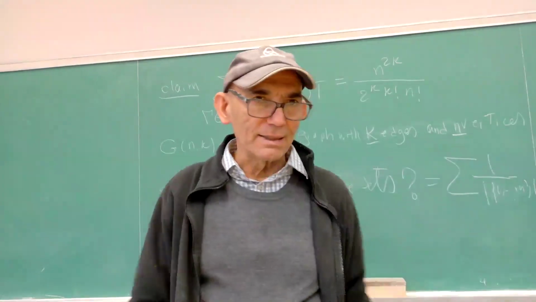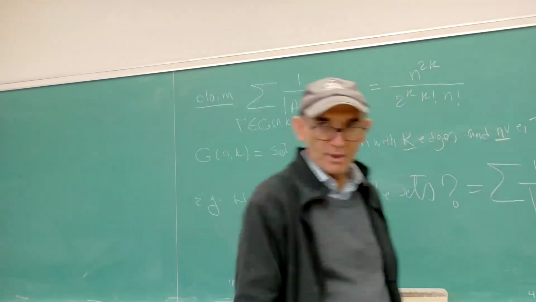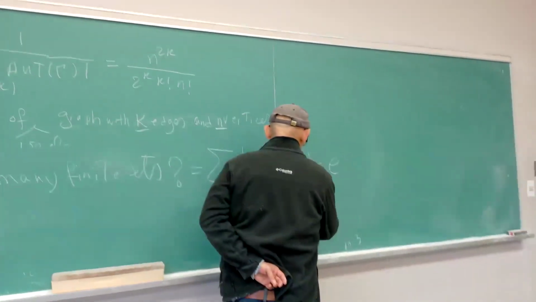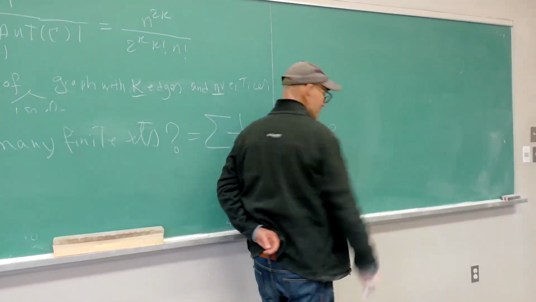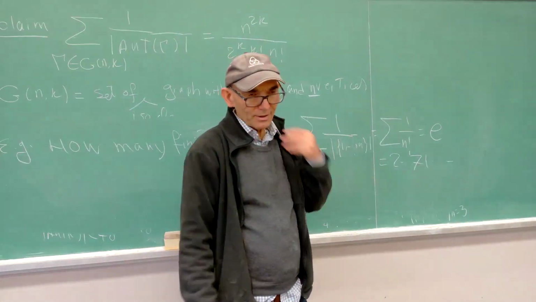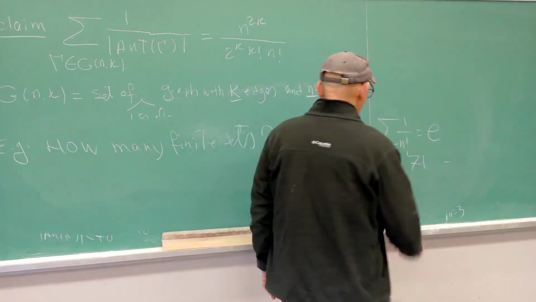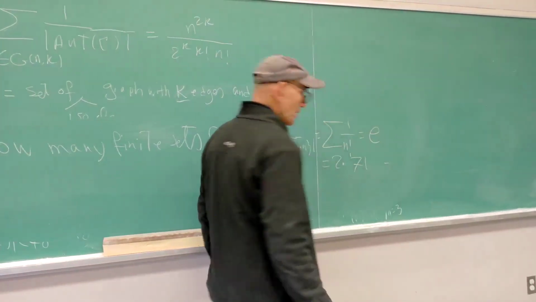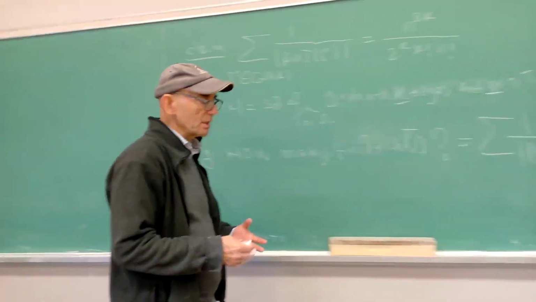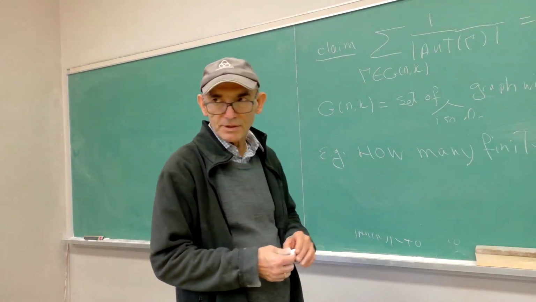So you can tell that the number of finite sets is actually e, 2.71 or something. This is called categorical summation, and it's a very important idea in combinatorics, in number theory, in math, in physics, everywhere.